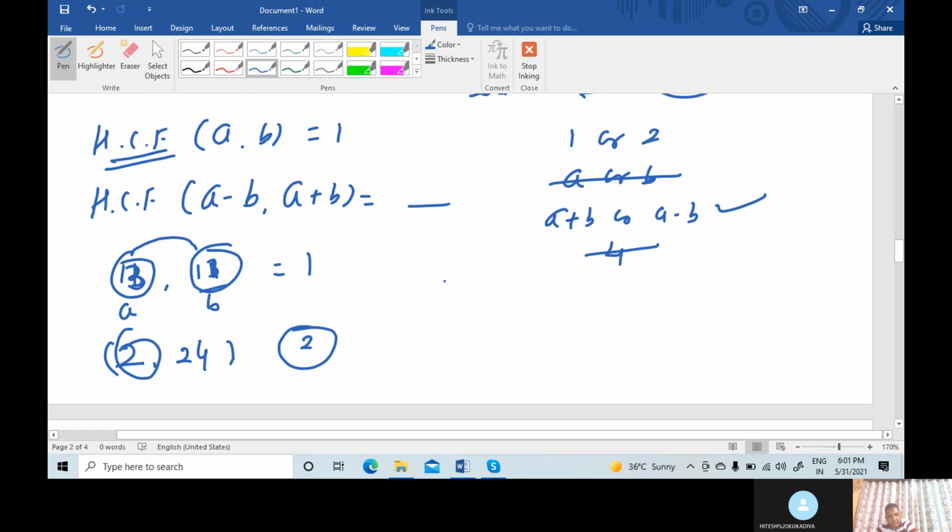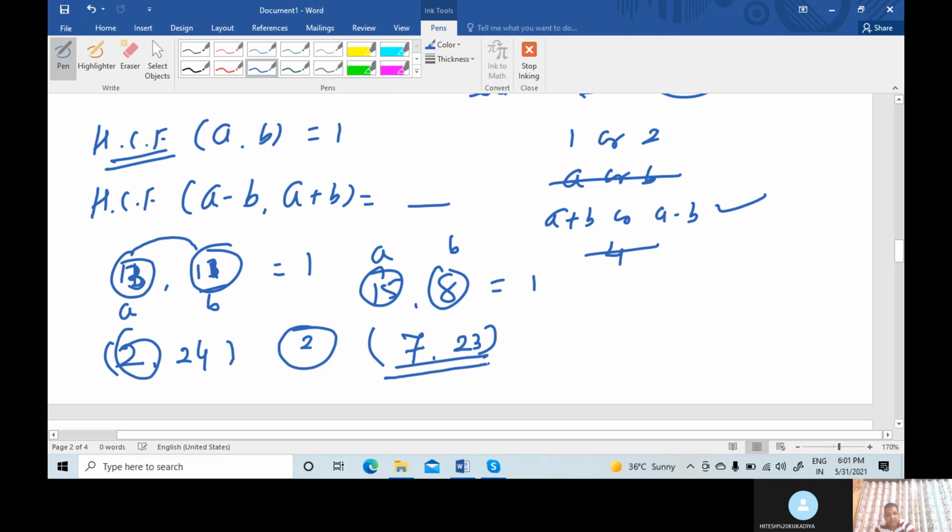Now you can choose any other numbers also to verify. Suppose 15 and 8. This one is A and B, because HCF of A and B is 1. Now HCF of A minus B: 15 minus 8 is 7, 15 plus 8 is 23.